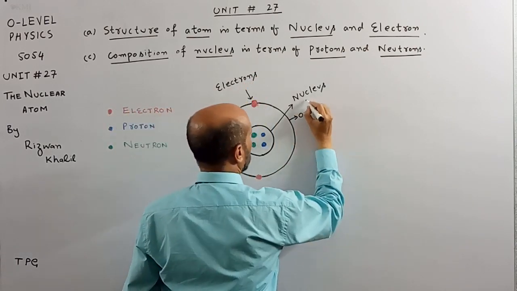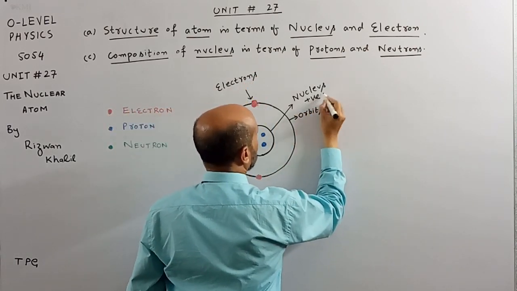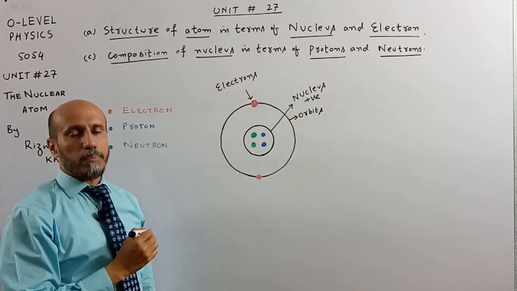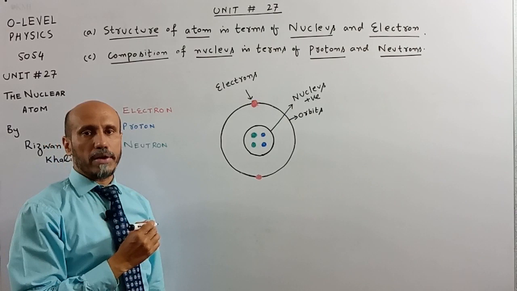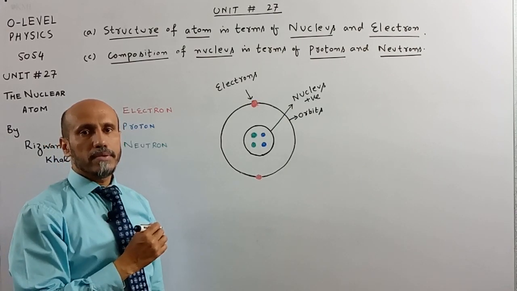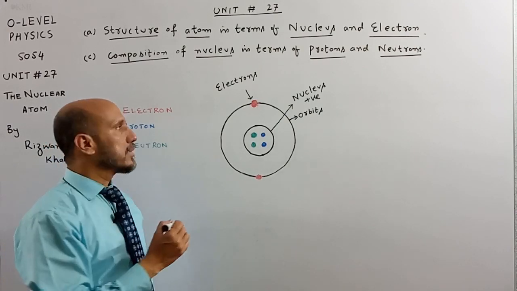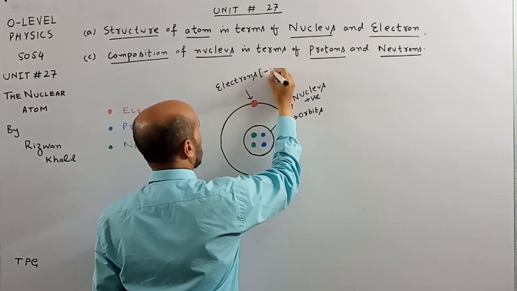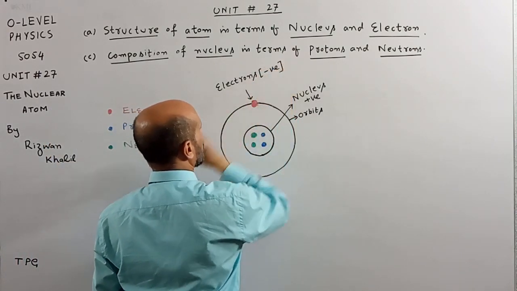Definitely nucleus is a positively charged particle, and the particles which revolve around the fixed orbits around the nucleus are called as electrons, and they carry negative charges.